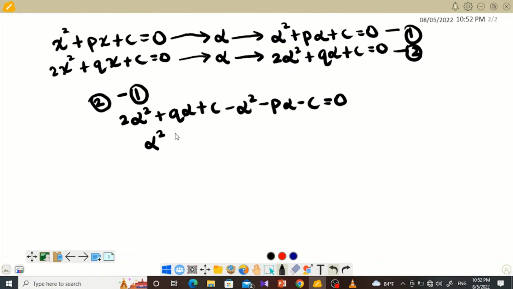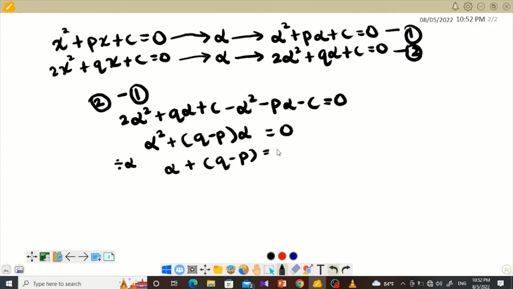I can take alpha out from the q alpha minus p alpha term. Then it gets alpha squared plus (q minus p) alpha equals 0. I divide the whole equation by alpha, then get alpha plus q minus p equals 0. Then alpha equals p minus q. I obtain the first expression.